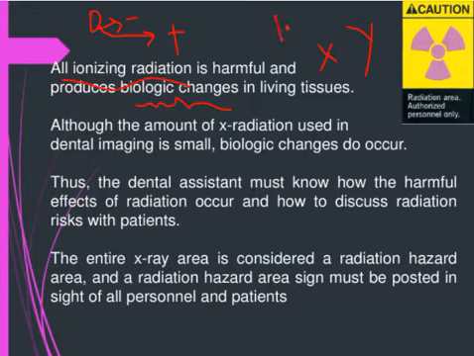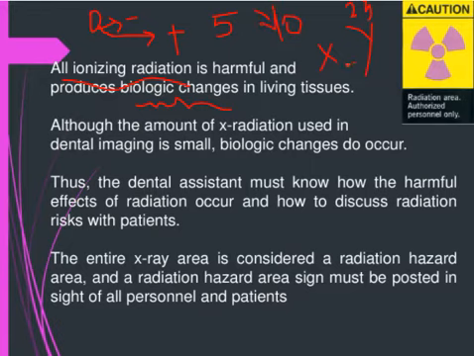Maybe X is exposed to 10 units of radiation. Because radiation safety and protection methods are ensured, Y may be exposed to 2 or maybe 3 units. So what is the net effect? According to guidelines, if you are exposed to more than 5, you are going to have harmful effects on your body.